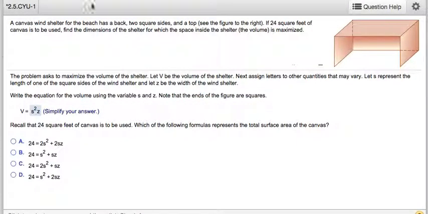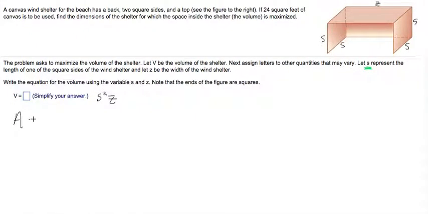So 24 square feet of canvas are to be used. Which of the following formulas represents the total surface area? So we have 2 square sides, both squares of size S. The area of this side is S squared, and the area of that side is S squared. When we add those areas together, we get S squared plus S squared, or 2S squared.